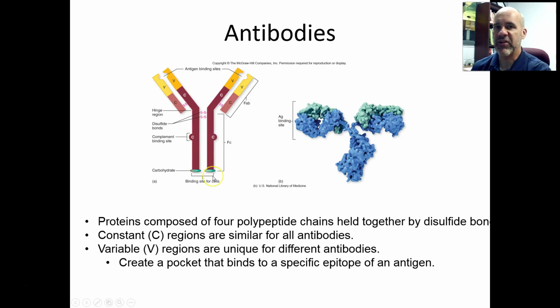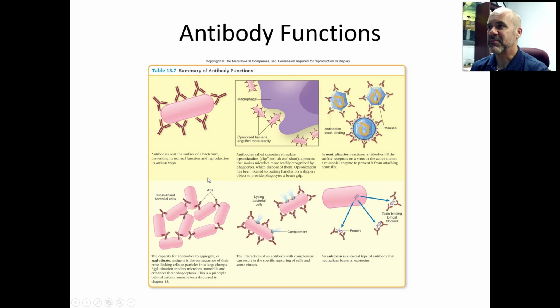So there are receptors on phagocytic cells that attach to the stems of antibodies. This is one of the key ways that antibodies help clear out infectious organisms, because with all those stems sticking out from the surface, those can attach to receptors on phagocytic cells like macrophages, for example.